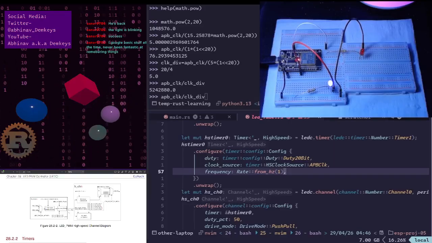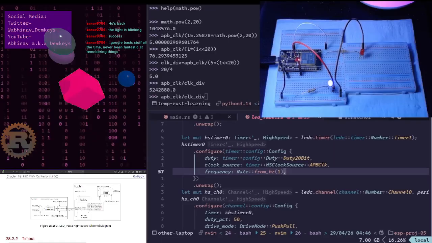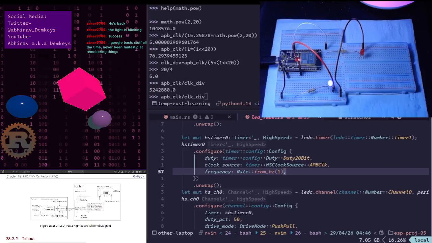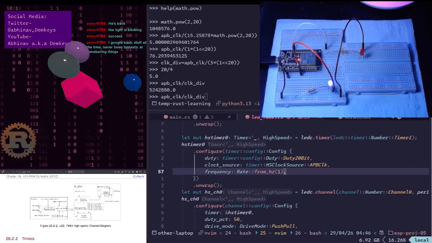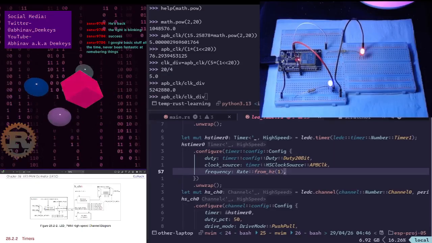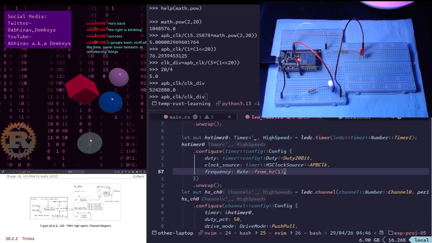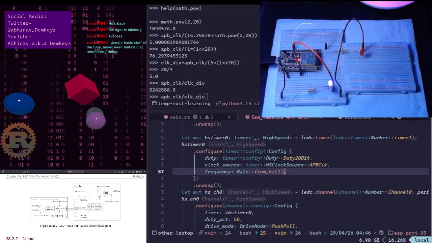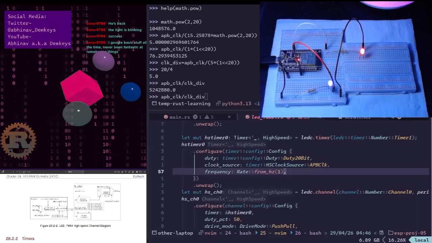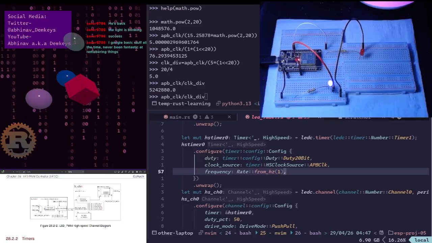So every few ticks, only one tick gets through, and that one tick gets counted by the counter. The counter keeps incrementing until the target value, whatever our duty resolution is, is reached. And then once that is reached, the counter goes back to zero, and we basically have moved to the next pulse, or the next period.